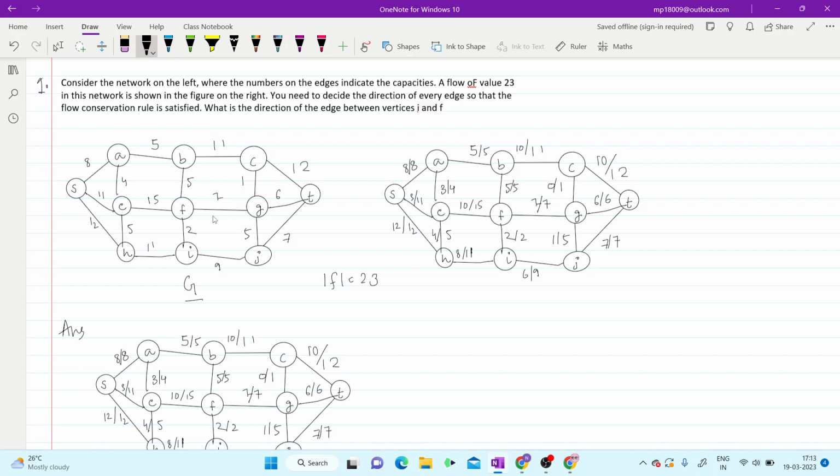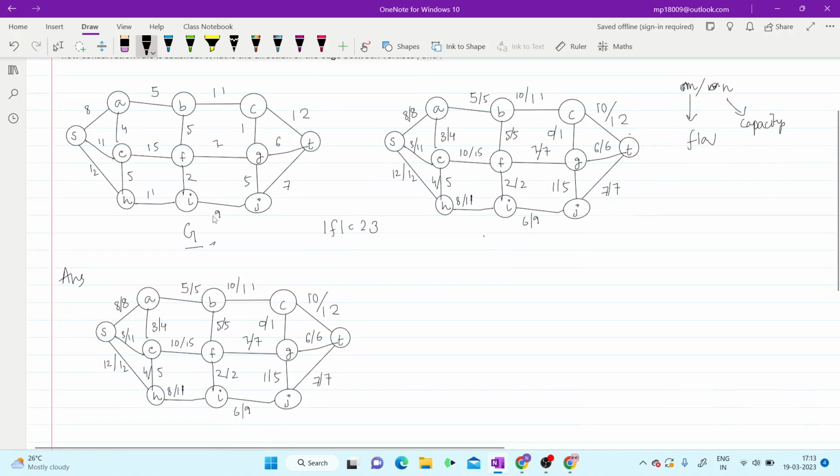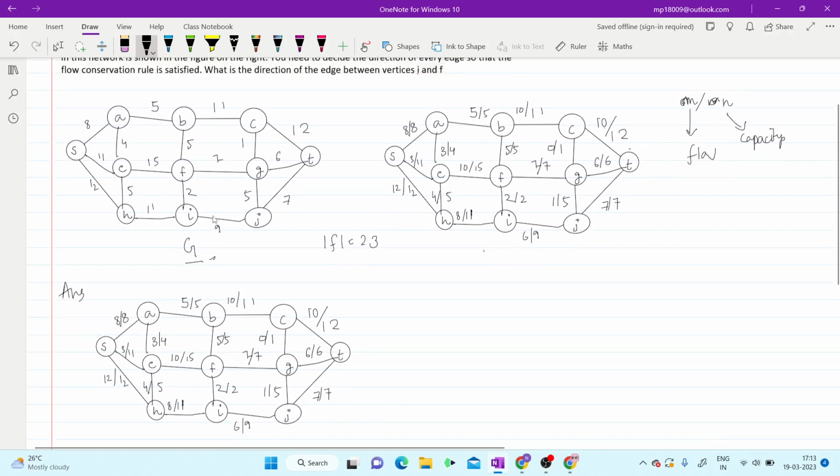Now, we have also been provided with the flow values. There are two integers attached to each edge. The first integer is the flow value, and the second integer is the capacity.